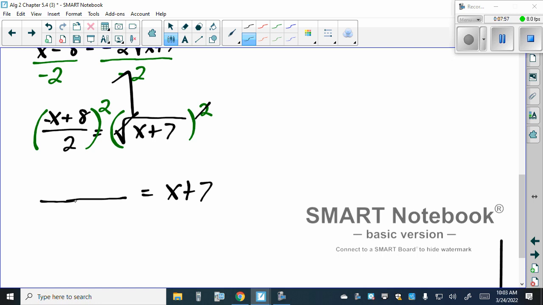Now, on the left-hand side, we're going to need to square our rational expression. So what we're saying, realistically, is that we have negative x plus 8 over 2 times negative x plus 8 over 2.